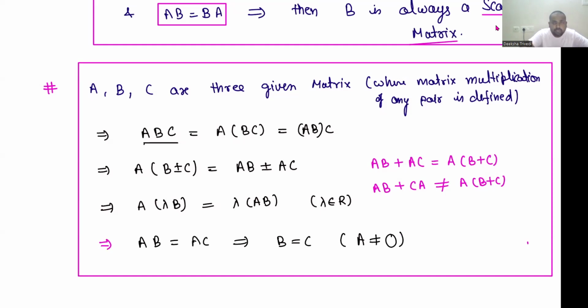If A is not a null matrix, or the best we can say A is not a singular matrix. We will cover what is the meaning of singular and non-singular. If A is not a singular matrix, then B must be equal to C. Correct?